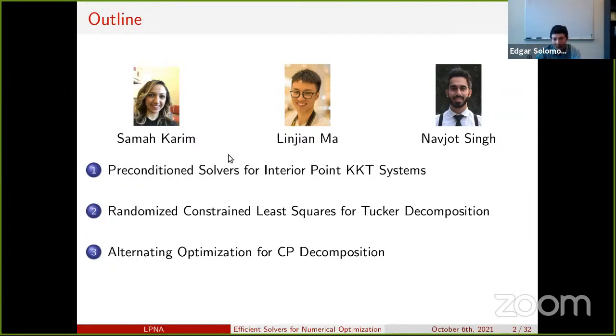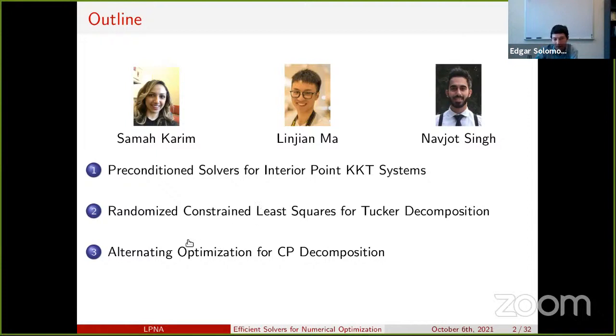The first project I'll talk about is about efficient solvers, a direct/iterative solver for interior point systems. This was led by Samad Karim. Then I'll talk about Tucker decomposition, so I'll switch to tensors for the last two parts. We'll talk about the use of randomized methods for constrained least squares problems that arise in Tucker decomposition.